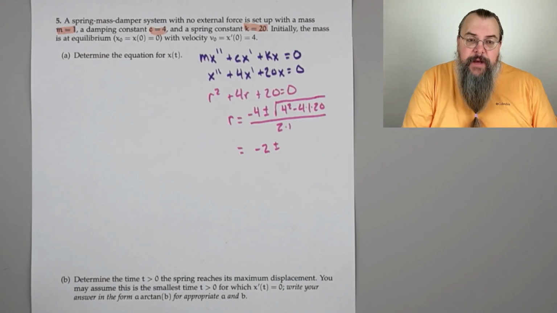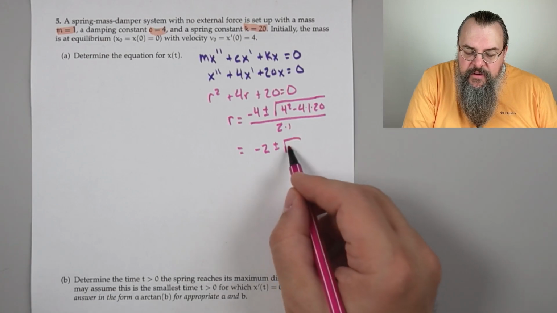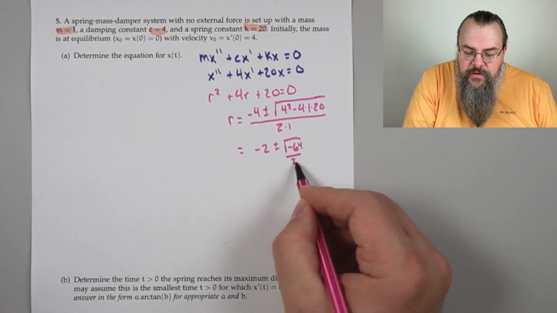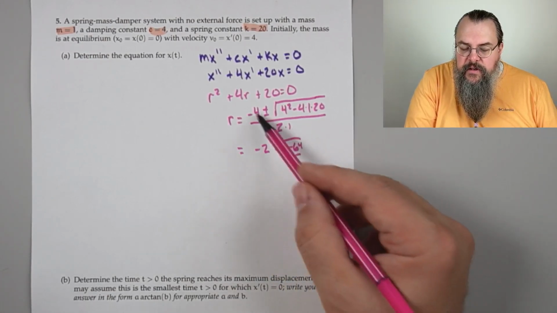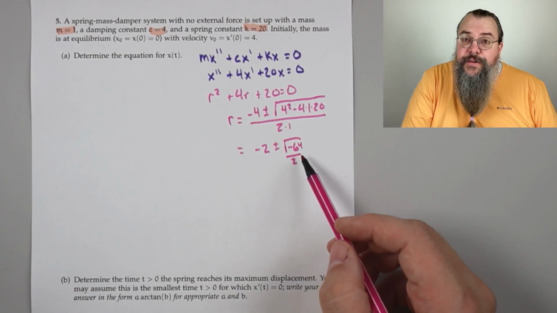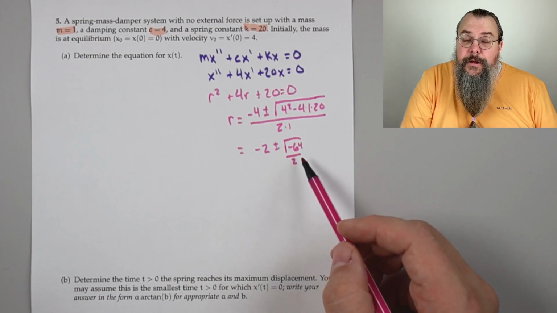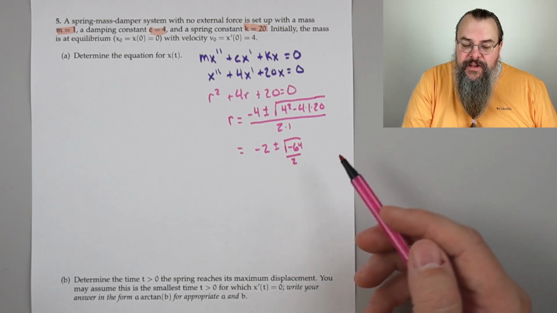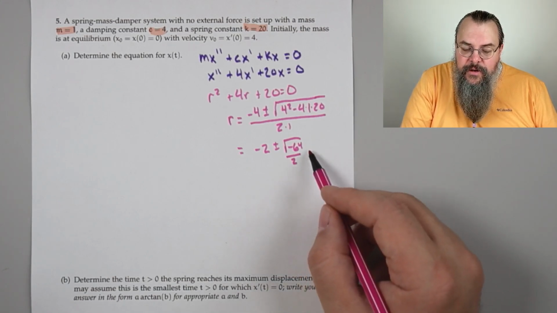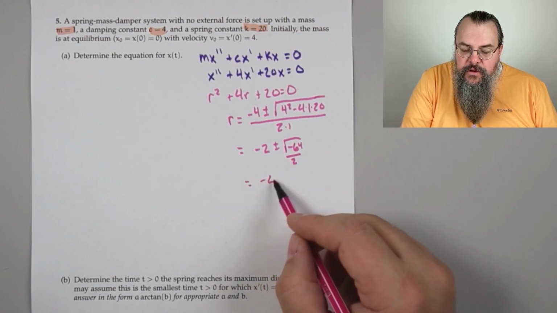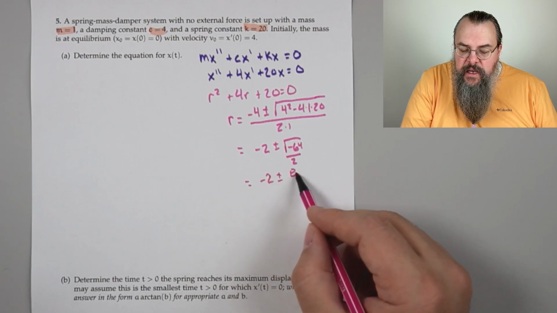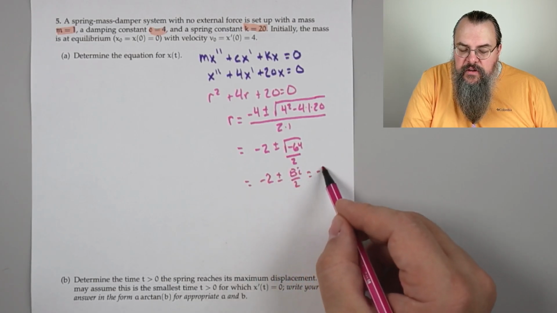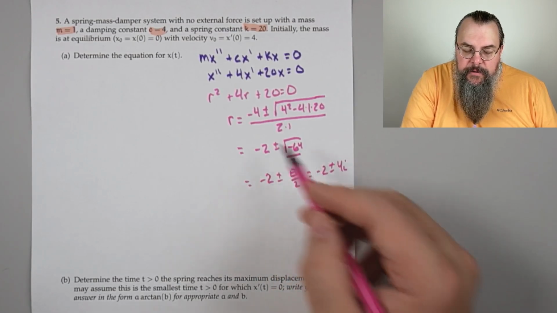But now flip it back. And so we have a square root of negative 64 over 2. We've already divided the 2 into the 4. Now square root of negative 64, well, the square root of 64 is 8. And then square root of a negative gets an i. So what do we have? This is negative 2 plus or minus 8i over 2. So that's negative 2 plus minus 4i.